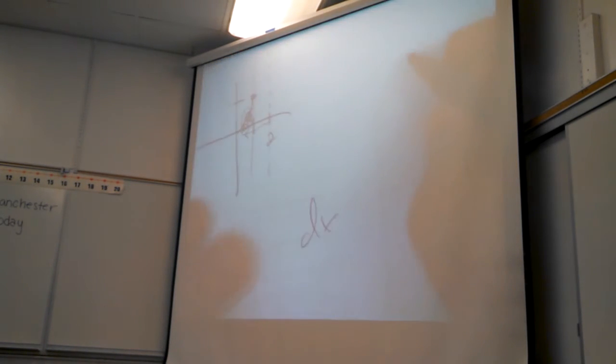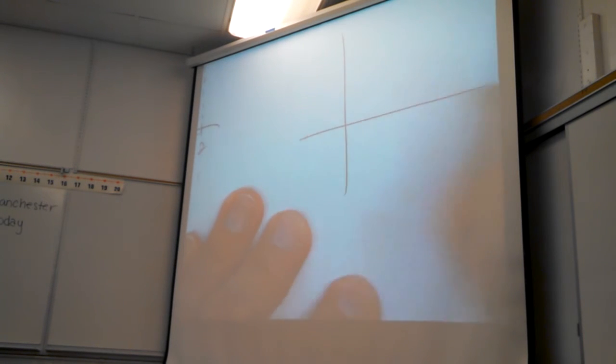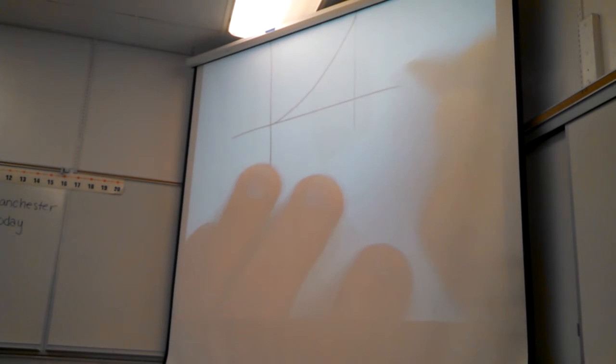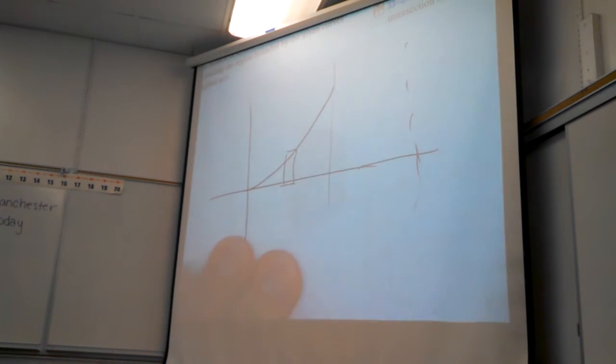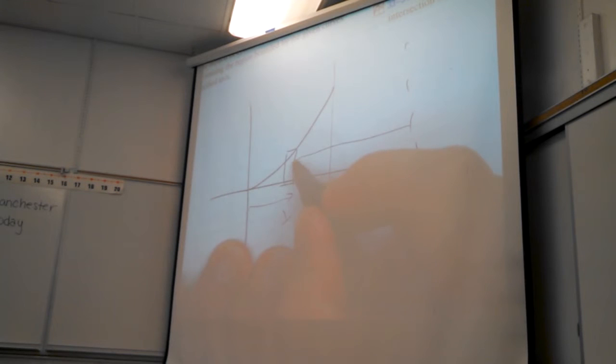If my rectangle, let me draw this a little bit bigger. So here it is. And then here's my axis of symmetry. So if I draw a representative rectangle, this is x. This is my radius. This is 2. If this is x, this must be 2 minus x, because you're going back.